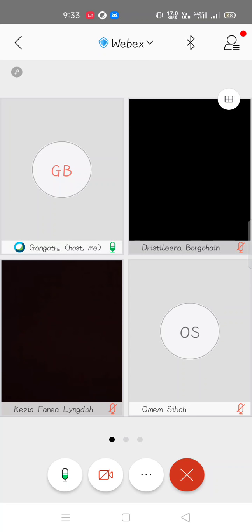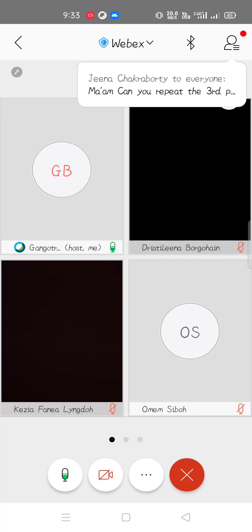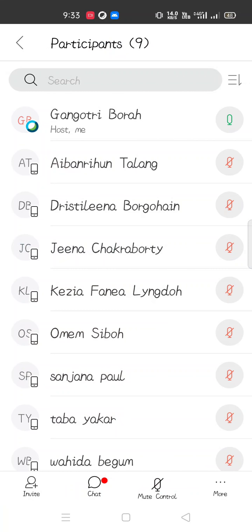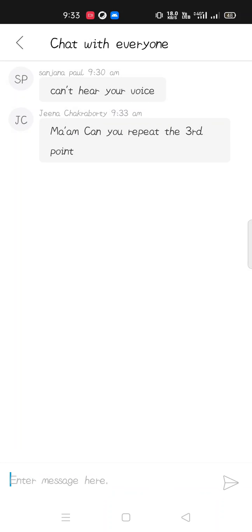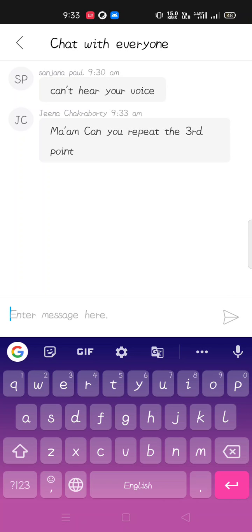Then next point you write down agent. Can you repeat the third point? Third point is rabies is also known as hydrophobia. Before that, what did I say?